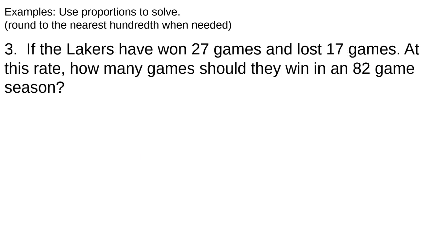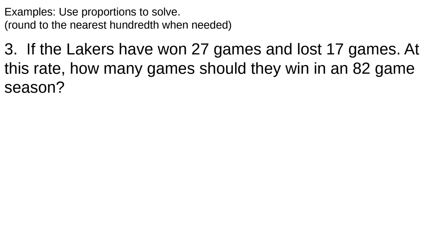Let's try example 3. If the Lakers have won 27 games and lost 17 games, at this rate, how many games should they win in an 82-game season? This one's actually a little sneaky because at first glance, it looks like we're talking about wins and losses.